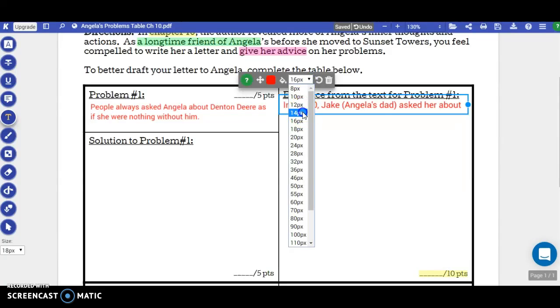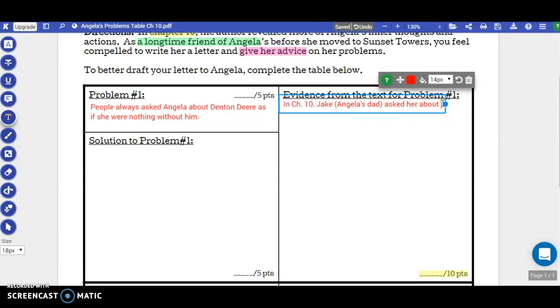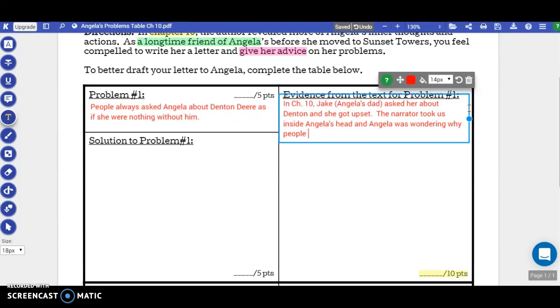I'm going to make this smaller since we're going to need to fit more. The narrator took us inside Angela's head, and Angela was wondering why people always ask about Denton and act like she doesn't matter without him.